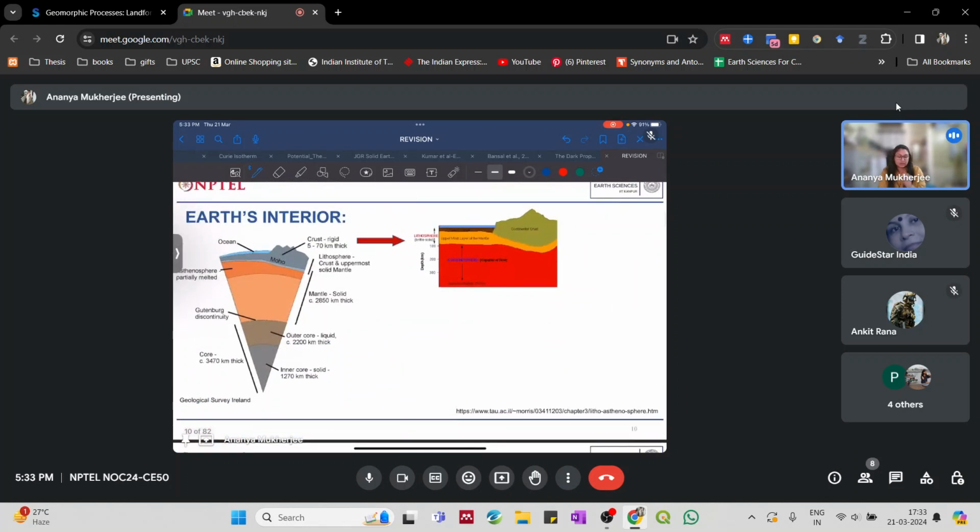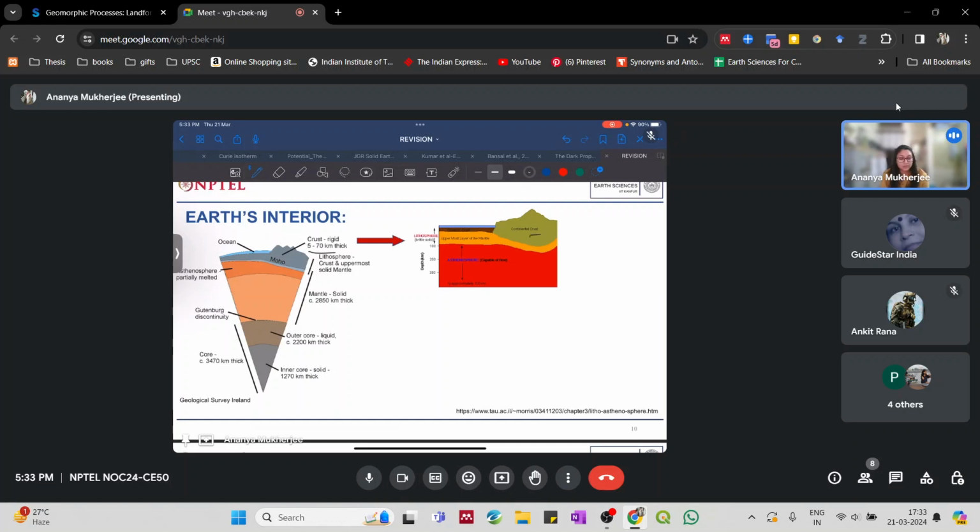So now we come to the Earth's interior. Okay, so Earth's interior is obviously a layered structure. We have seen how these layered structures were studied and put forth in the scientific community at the start. So your crust is the 70 to 40 kilometer topmost layer of the Earth.